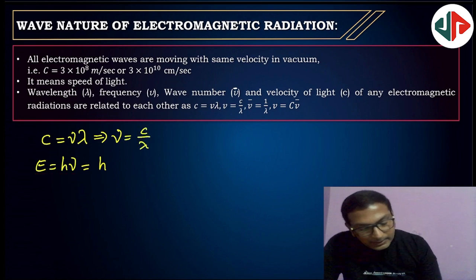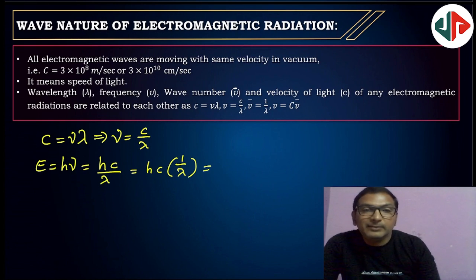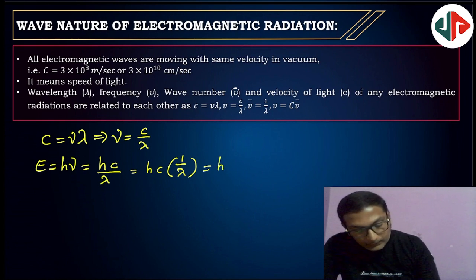Substitute here: hc by lambda, which is hc into 1 by lambda. In place of 1 by lambda, we can write nu bar, since nu bar is 1 by lambda.